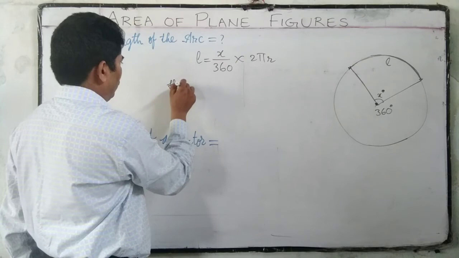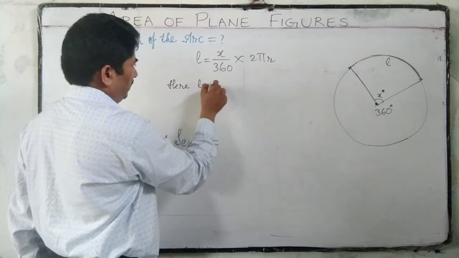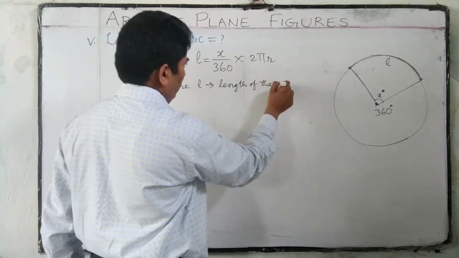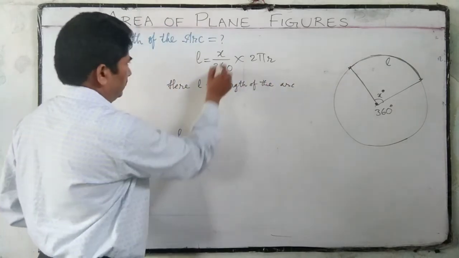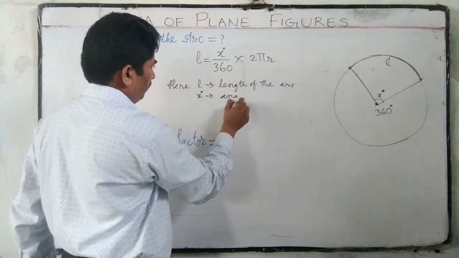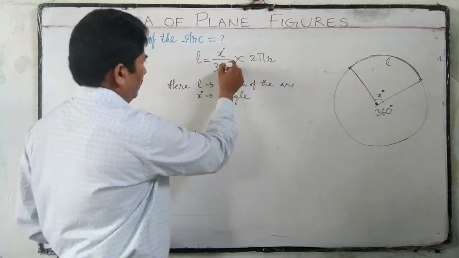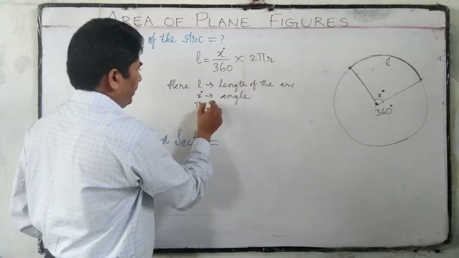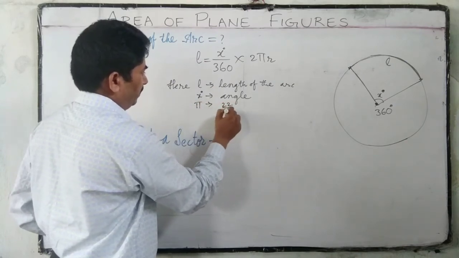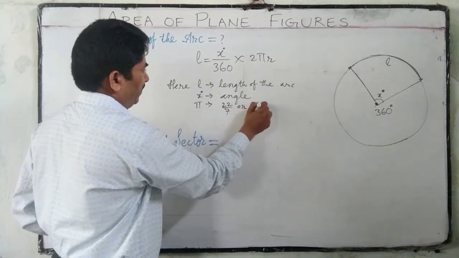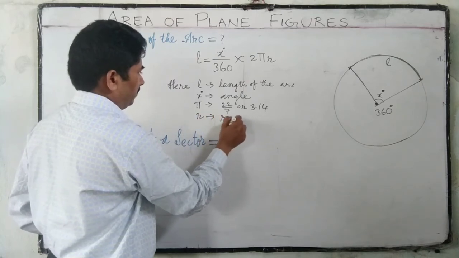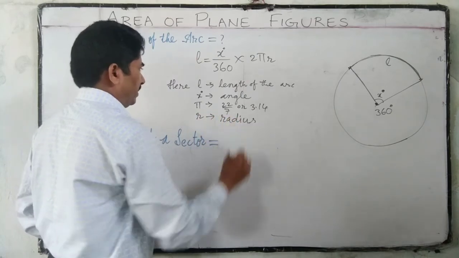Here L is length of the arc, x is angle, pi is the constant 22/7 or 3.14, r is the radius of the circle.